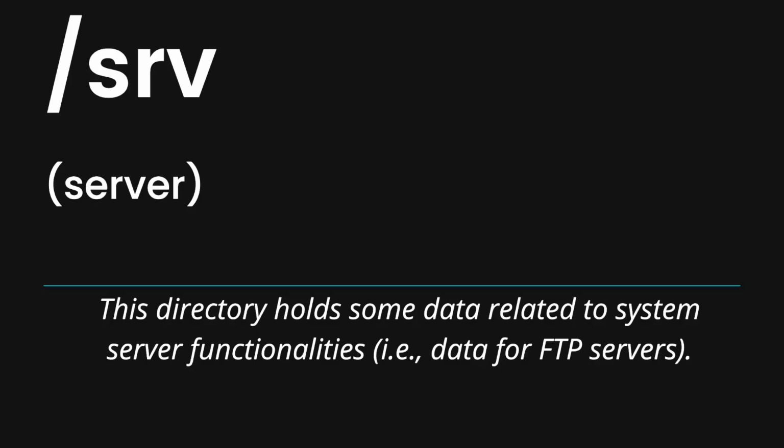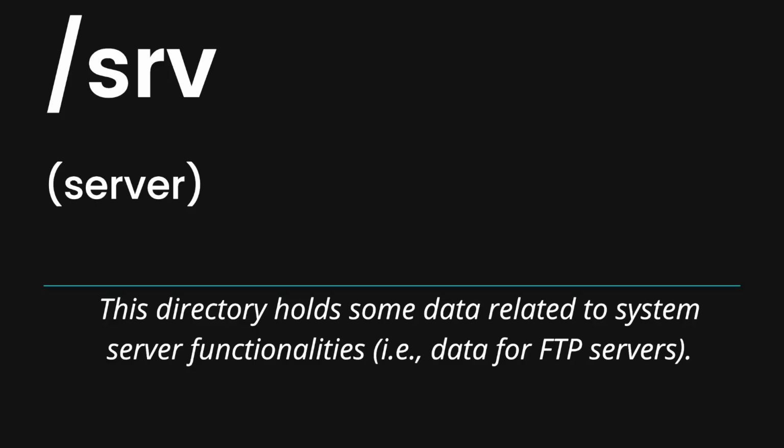The next is going to be the /srv, which stands for server. And this pretty much has some data related to system server functionality, such as data for FTP servers, Apache servers, and anything that is a server that you activate and it's listening at a certain port.